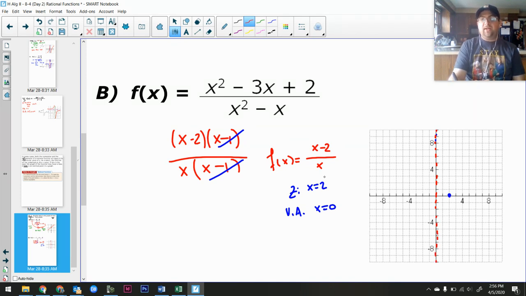There is a horizontal asymptote. The degrees are equal, so the horizontal asymptote happens at the leading coefficient at the top, which is a 1, divided by the leading coefficient at the bottom, which is a 1. So y equals 1. That means there's a horizontal asymptote at 1.